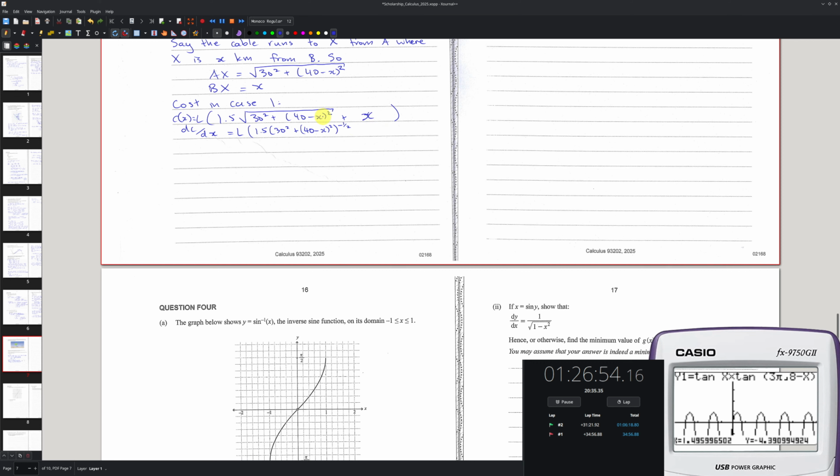But you differentiate that, what do you get? You get times 2 times 40 minus x times negative 1, and then you have to times by 1/2, plus 1.